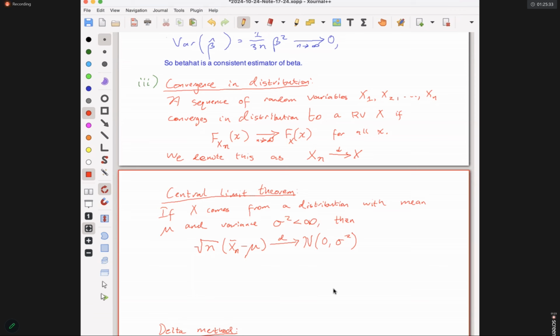And so this tells us that as we take larger samples, the distribution of our sample mean is going to approach this normal distribution, and we'll be able to describe what the variance of that distribution is relative to n. Does this make sense?